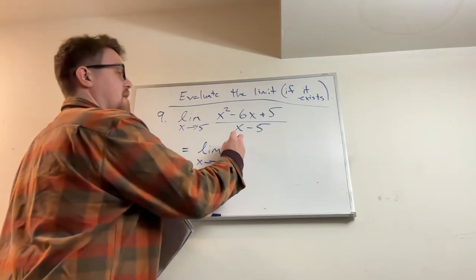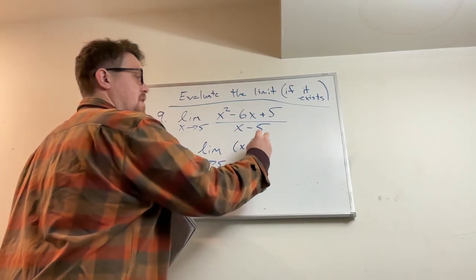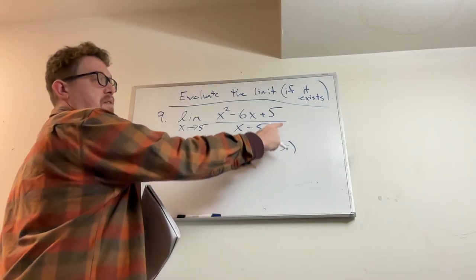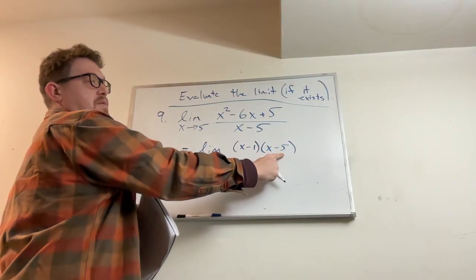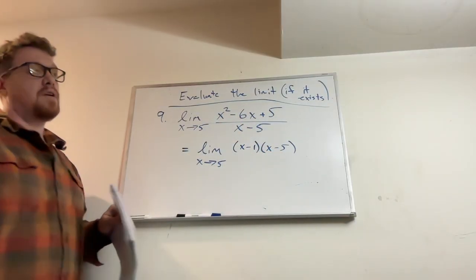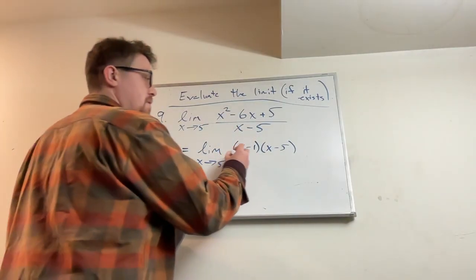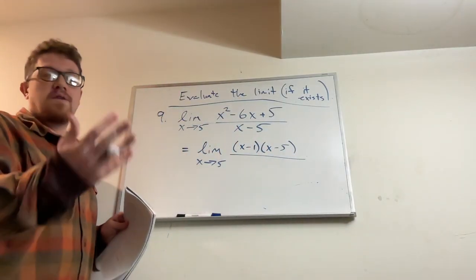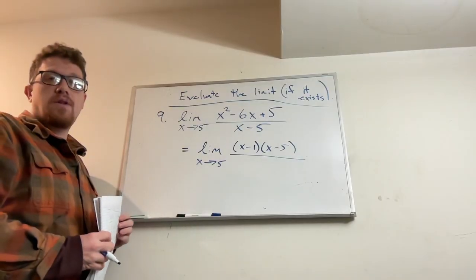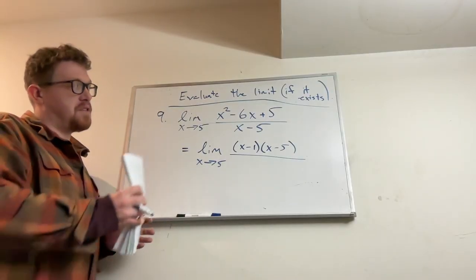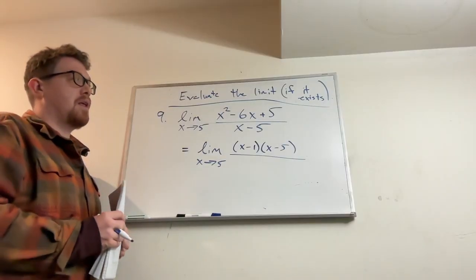Well, that's clearly just x minus 1, x minus 5, because minus 1 times minus 5 is positive 5, and minus 1 plus minus 5 is negative 6, and 1 times 1 is 1. So that's how you factor that one. Or there's, of course, long multiplication for polynomials, which is sort of annoying, but for these small degree ones, it's not too bad.